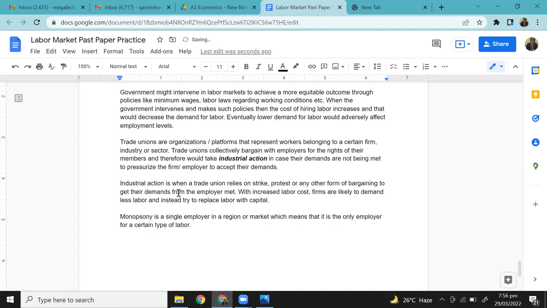For instance, a nuclear research lab is the only organization that can hire nuclear scientists. Is it making sense, right?